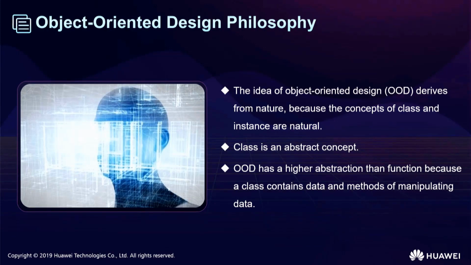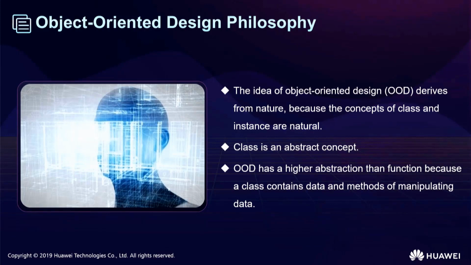Therefore, the object-oriented design philosophy is to abstract classes and create instances according to classes. Because the classes contain data and methods to manipulate data, OOD has a higher abstraction than functions.